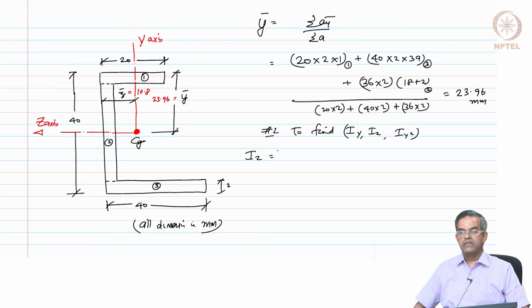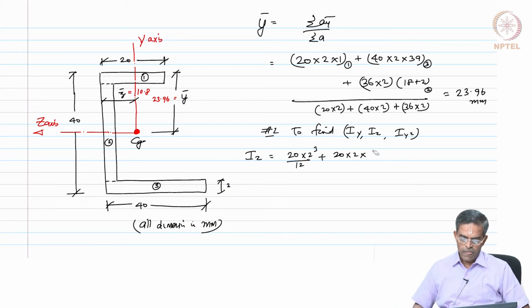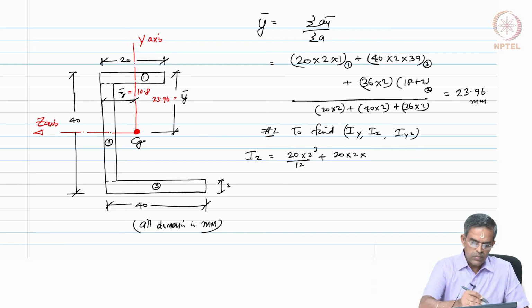Z is the horizontal axis. I can use the parallel axis theorem. So, 20 into 2 cubed by 12 plus 20 into 2 into 22.96 squared.